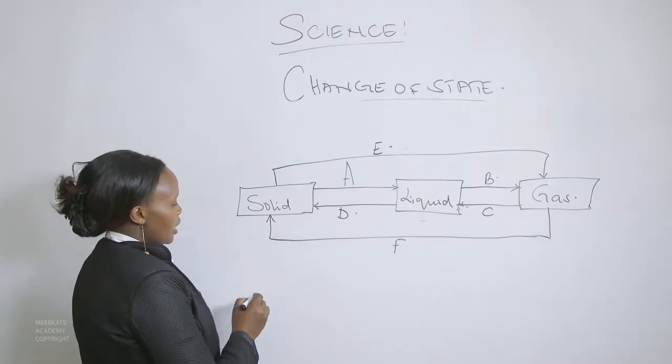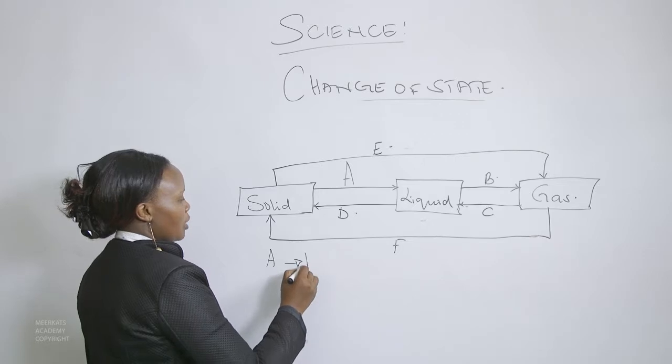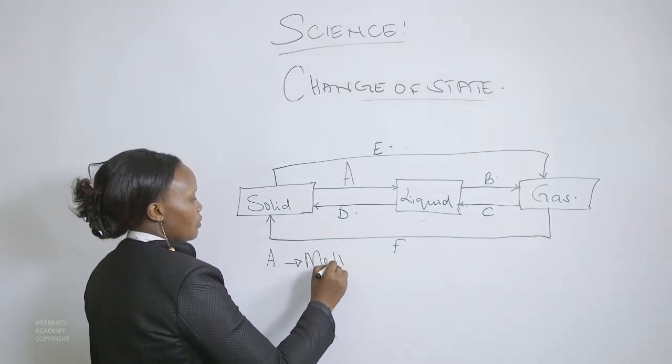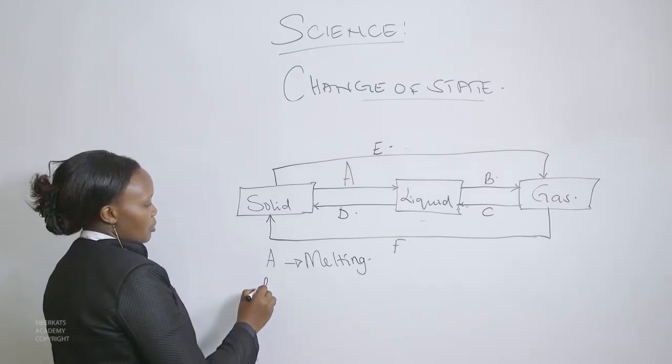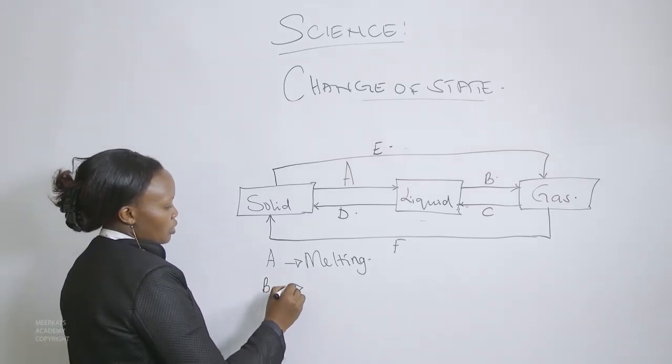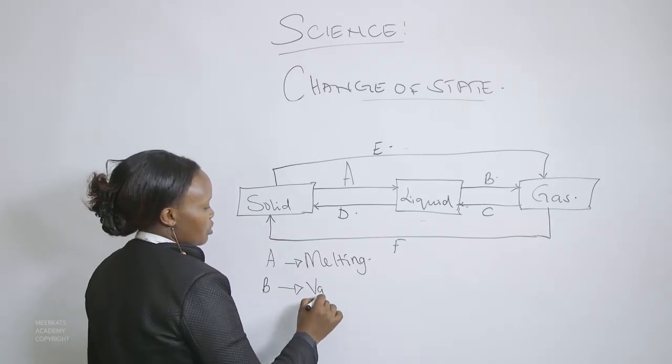Process A is what we call melting. Process B is what we call vaporization.